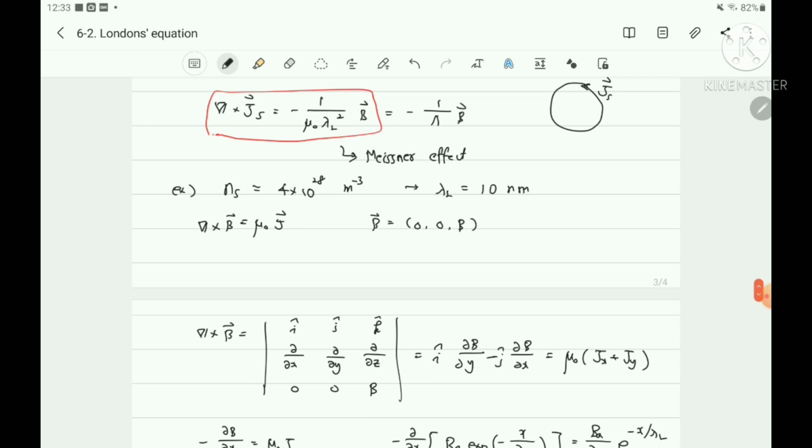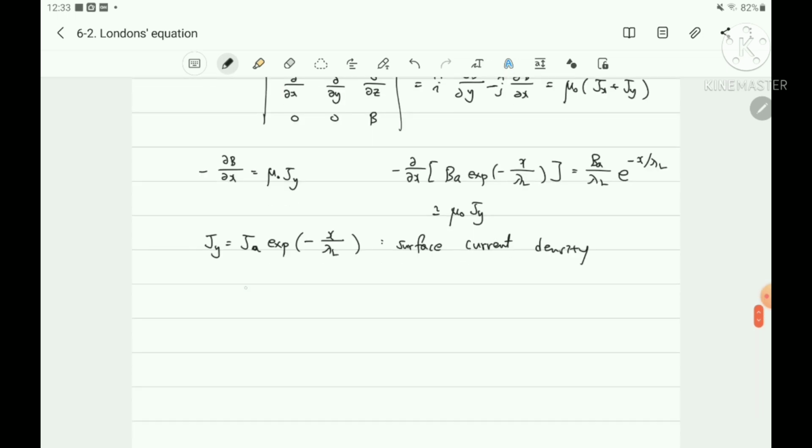Therefore, the magnetic field also penetrates into the sample. Here this is the superconductor, and when you apply the magnetic field, the magnetic field decreases exponentially in the x direction, and in the y direction the current density also has an exponential behavior.